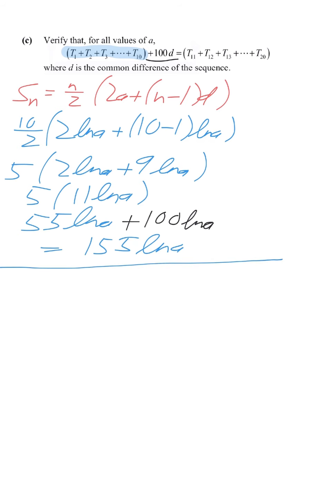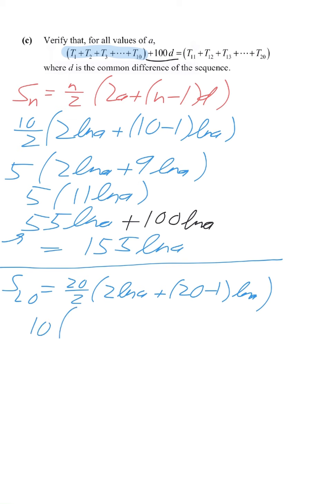Next part, we need to work out the sum of the 11th to the 20th term. For this one, I'm going to work out the sum of the first 20 terms and then subtract the first 10 terms away from it, because I already have that, and that is 55 ln a. So let's get the sum of the first 20 terms. That would be 20 over 2, 2 times ln a, plus 20 minus 1 times ln a, because that's the difference.